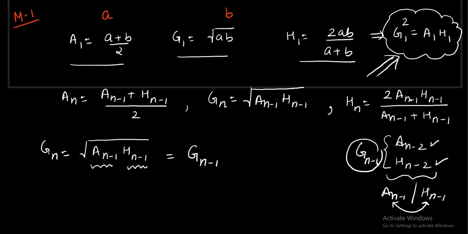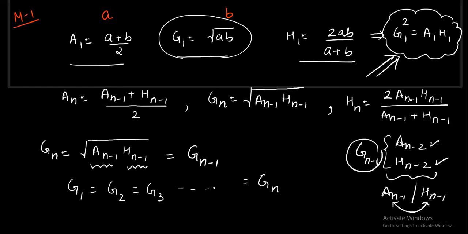I'm using this formula over here. So I just noticed that Gn turns out to be equal to Gn minus 1. I have created a general relation for Gn. Whether you're talking about G1, G2, G3, or Gn, all of them are going to have the same value, which is obviously root AB.